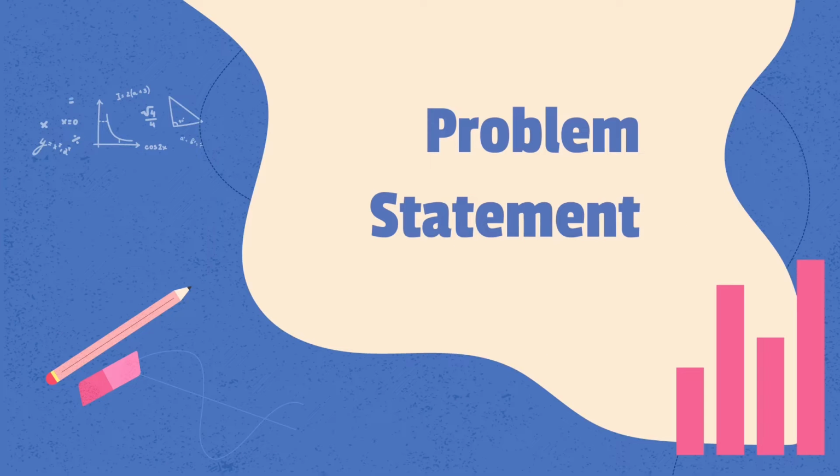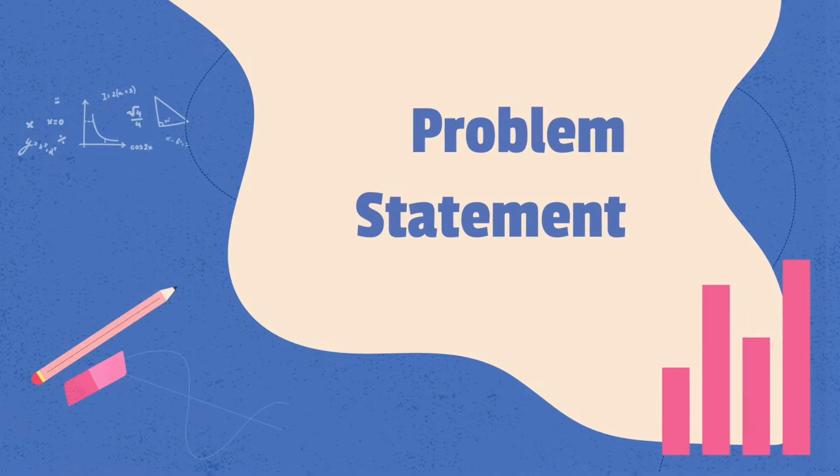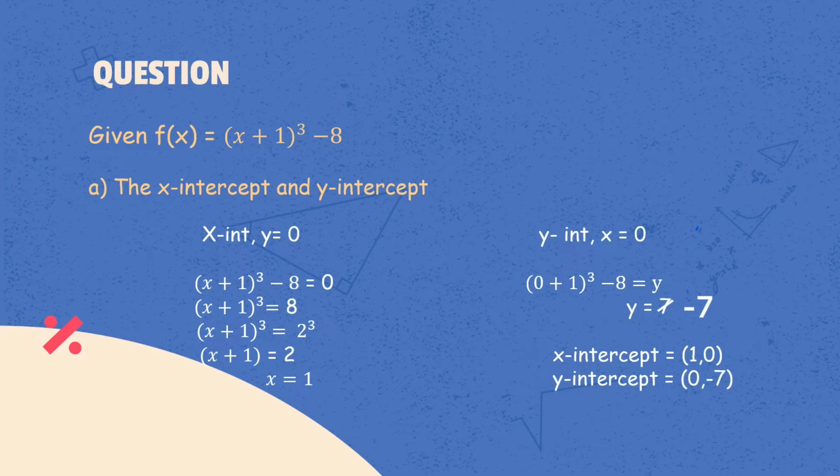Next, we look at the problem statement. Given f(x) equal to (x plus 1) power of 3 minus 8. Then, find the x-intercept and y-intercept. To find x-intercept, y is equal to 0. So, (x plus 1) power of 3 minus 8 is equal to 0.